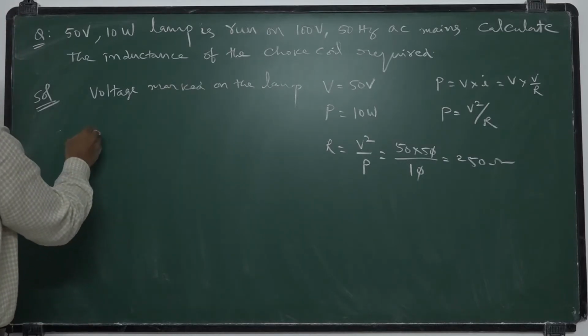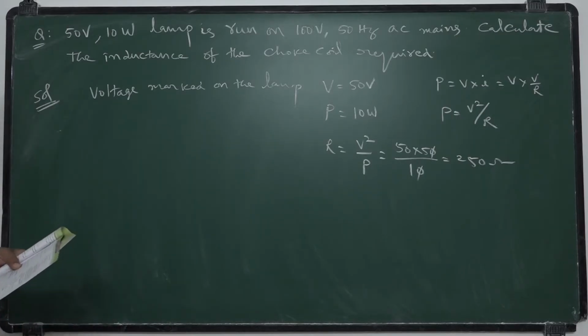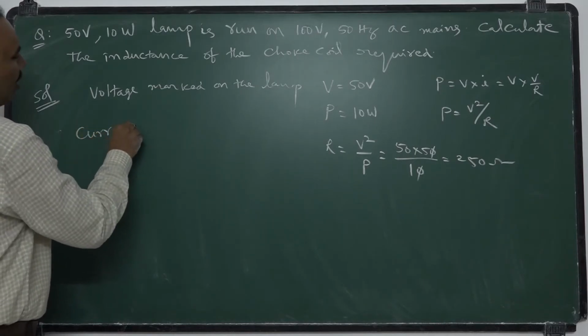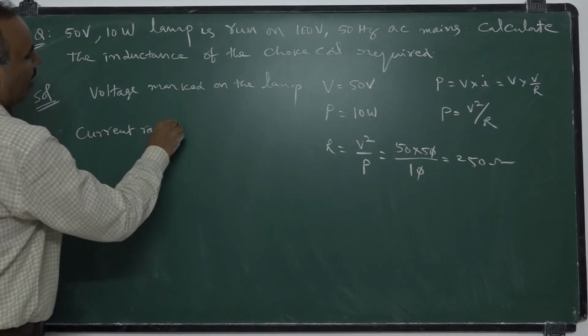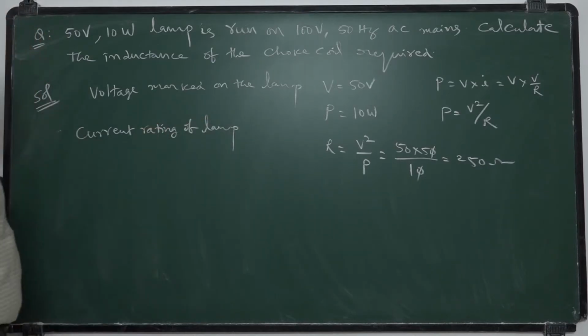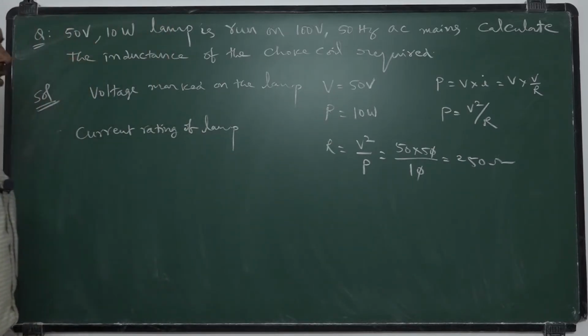Similarly, we can calculate the current rating of the lamp. Here rating means something which is written on the lamp. These are the written values on the lamp.